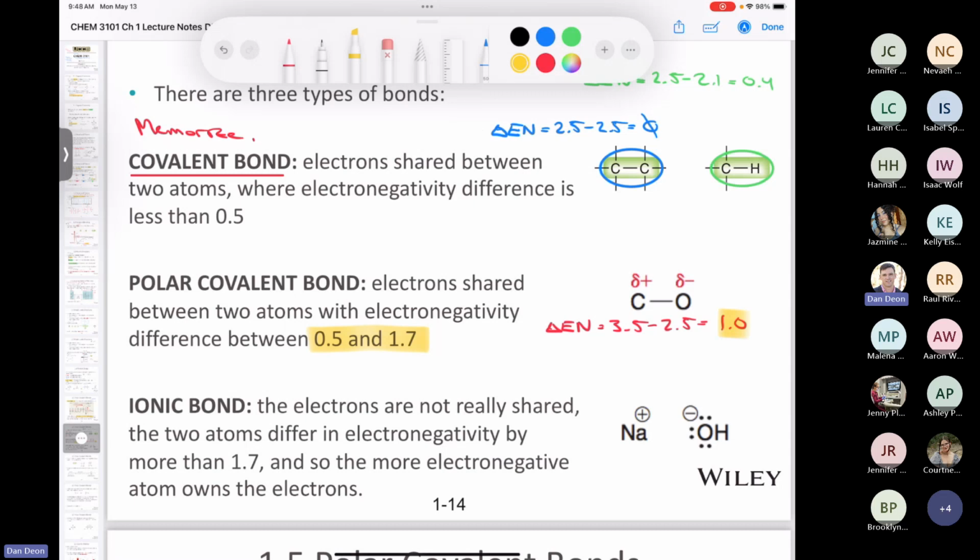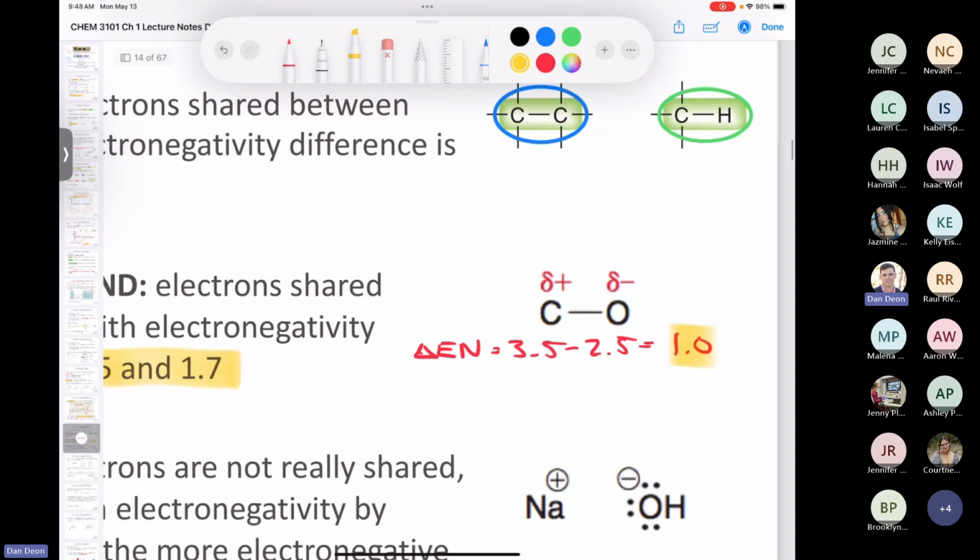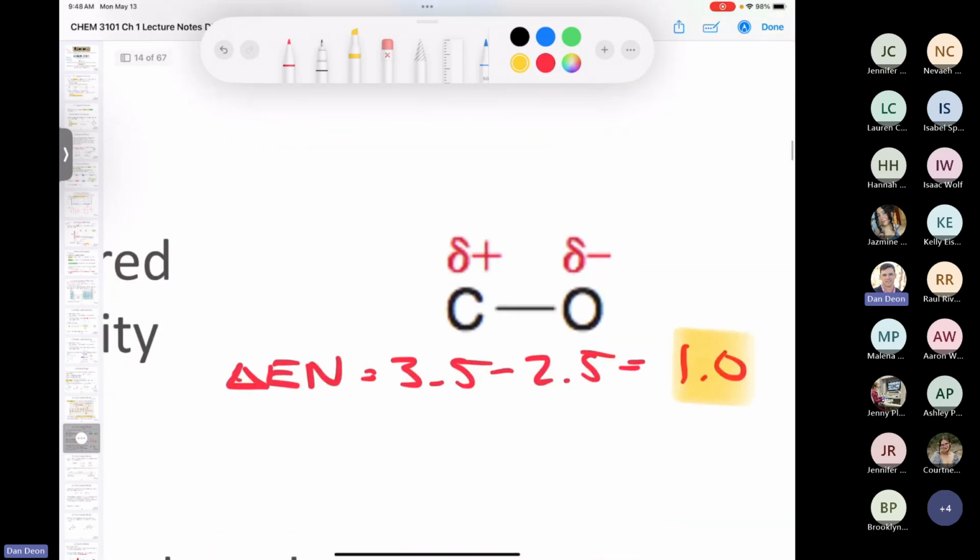Besides knowing that this is a polar covalent bond, sometimes we as organic chemists put little delta symbols on top of the elements and then put positive or negative, meaning which one is partially positive and which one is partially negative. So the delta in organic chemistry stands for partially.